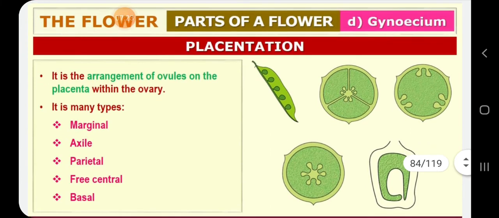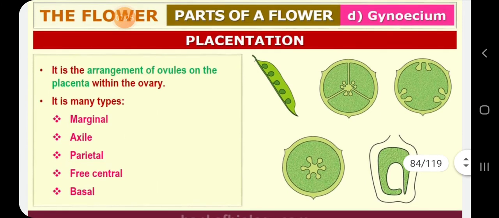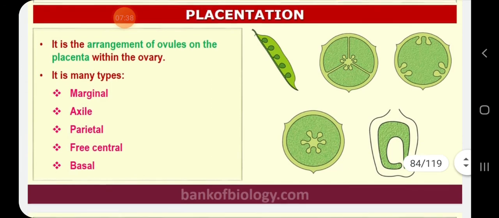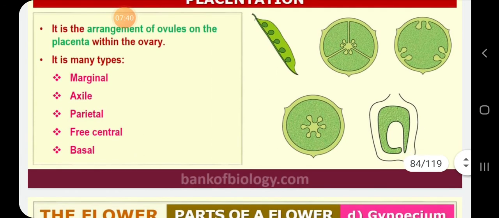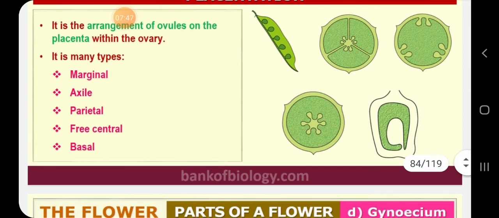Now placentation. How are the ovules attached? They are attached to the placenta within the ovary. Placentation is the arrangement of ovules in the placenta within the ovary, and it is of many types: marginal, axial, parietal, free central, basal.